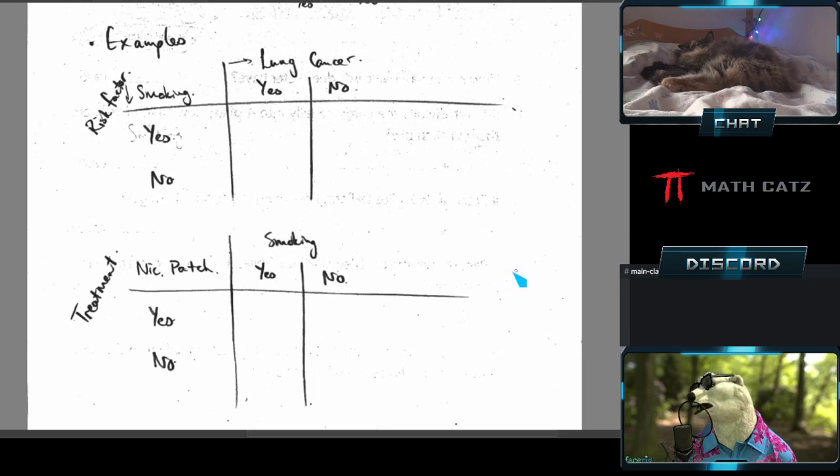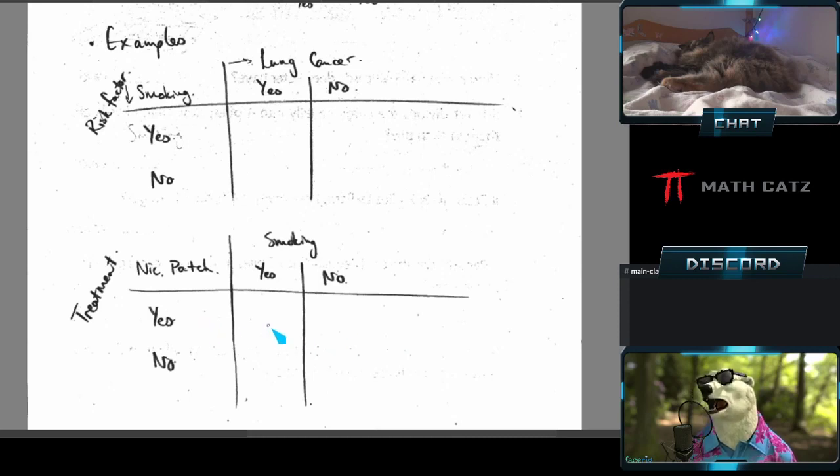Or you could think of, if I stick to the same theme, a nicotine patch maybe, and you want to investigate that. Some people will get a nicotine patch, some people will not. It doesn't matter which row I put where, really. The numbers are all going to be the same, and relatively speaking, the information will be the same.